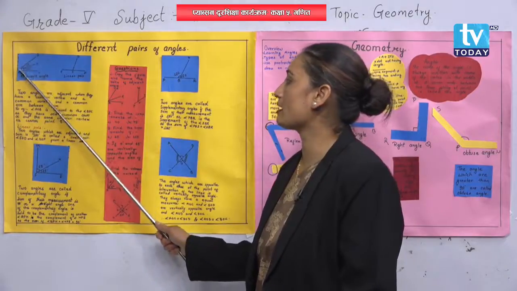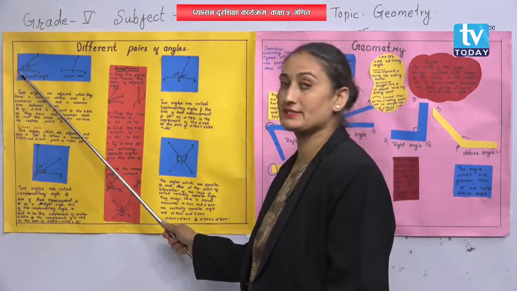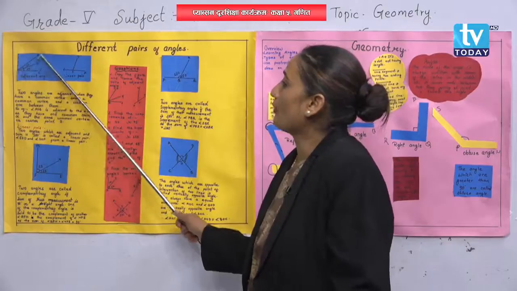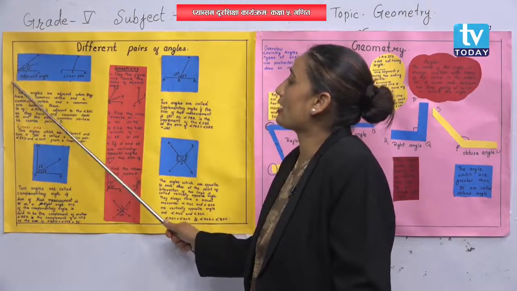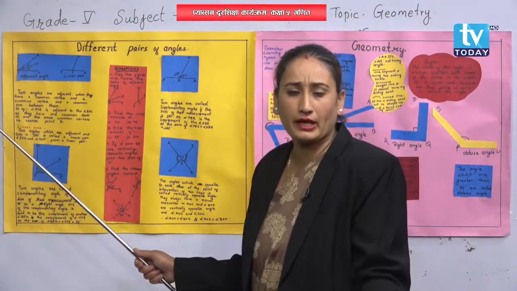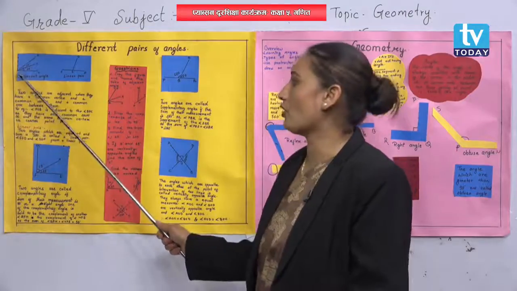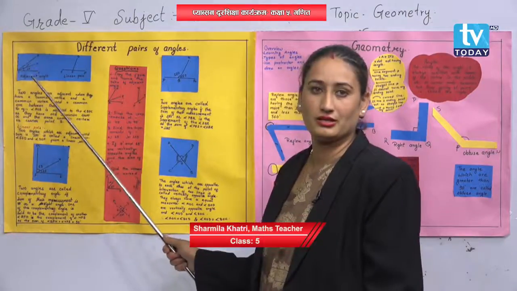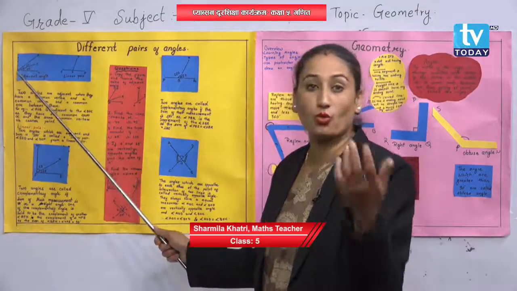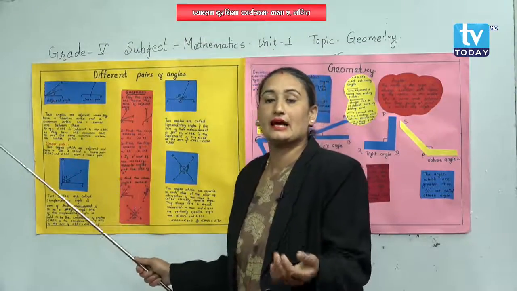If they have a common vertex, O is here. Have you noticed here O? The common vertex is O, and the common arm: which one is the common arm? OA is also an arm, OB is also an arm, OC is also an arm over here. But which one is the common arm? The common arm is OC. The common vertex is O and the common arm is OC. So we call it an adjacent angle.